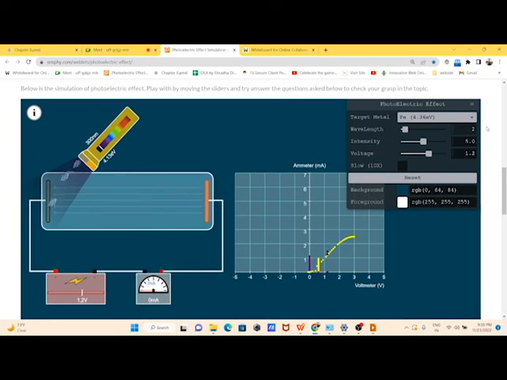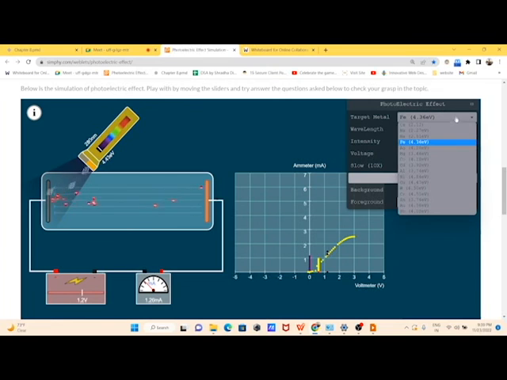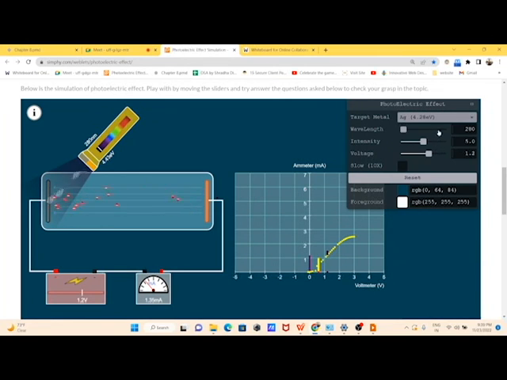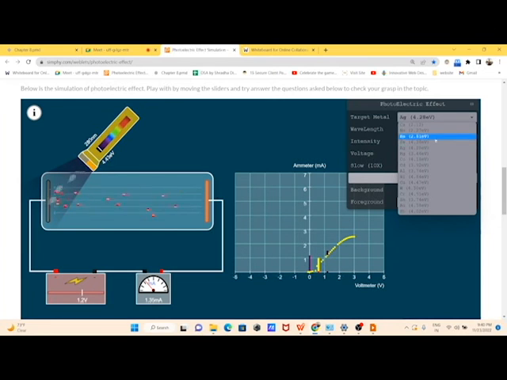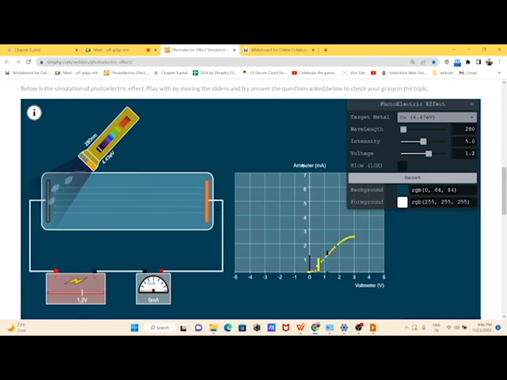I can make it 280. 280 is 4.43, approximately 4.43.